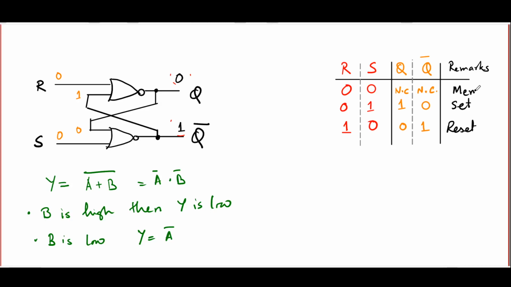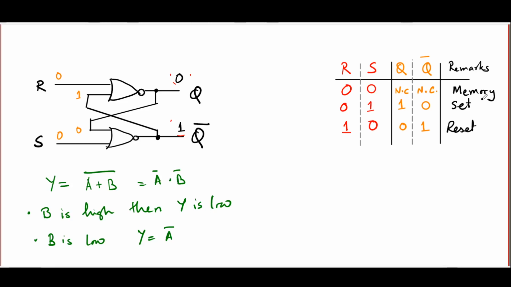And so this is what we call the memory state. And note that here the output does not depend on the precise combination of inputs. Both inputs are 0 and 0 in both the cases. However, in one case the output is 1 and 0 because the latch had been set before that.